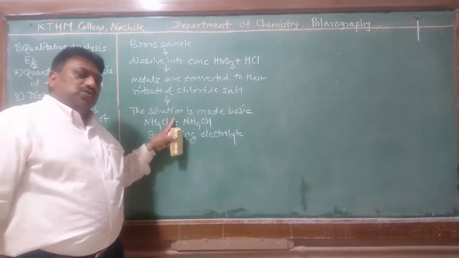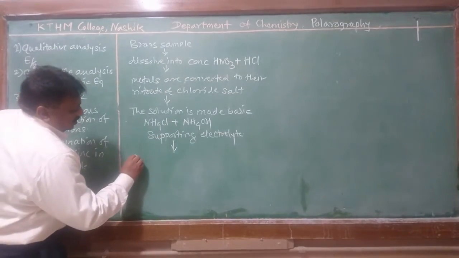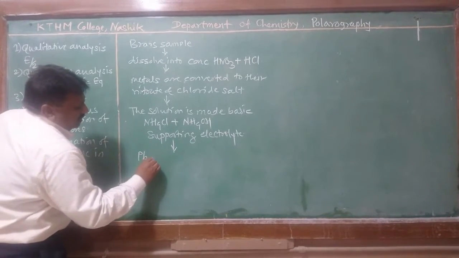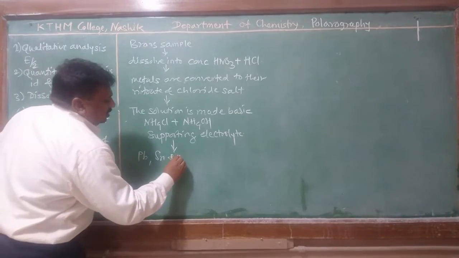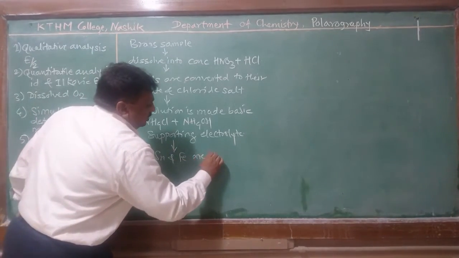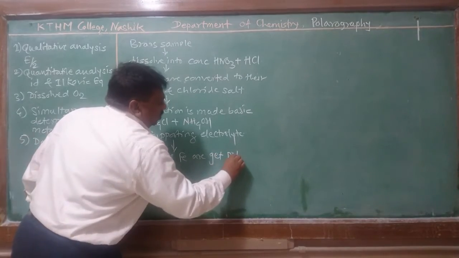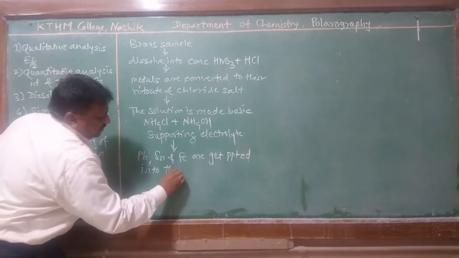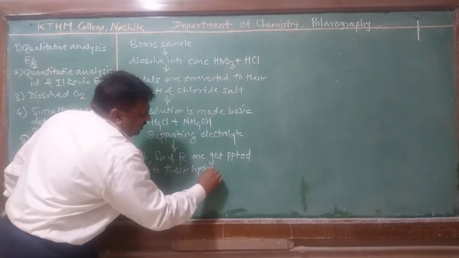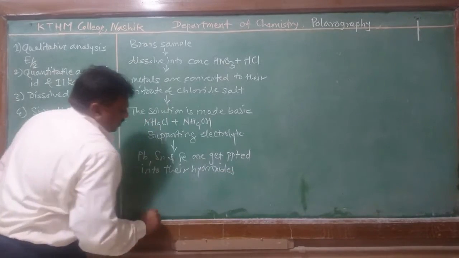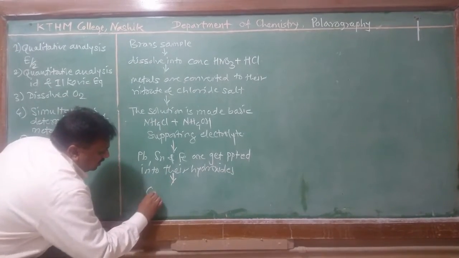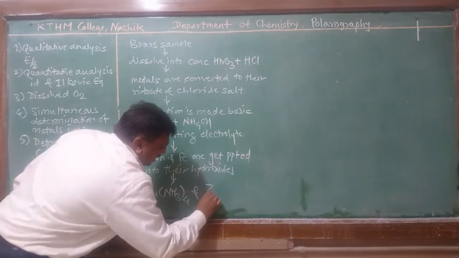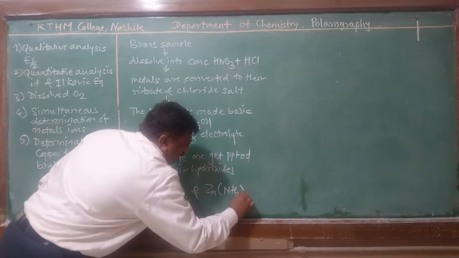On treatment with the buffer solution, lead, tin and iron get precipitated as their hydroxides, while copper and zinc are converted to their amine complexes.